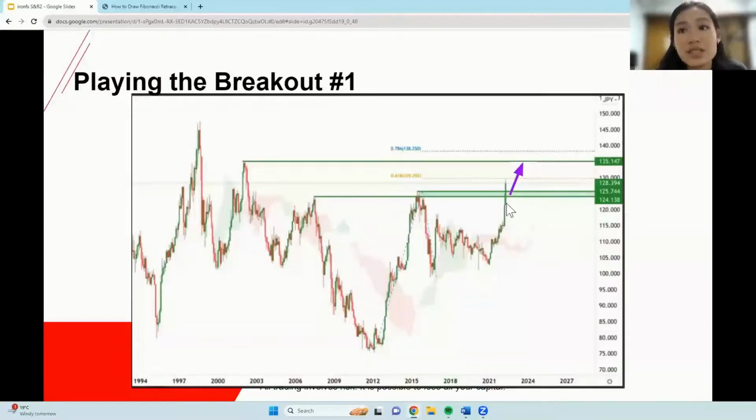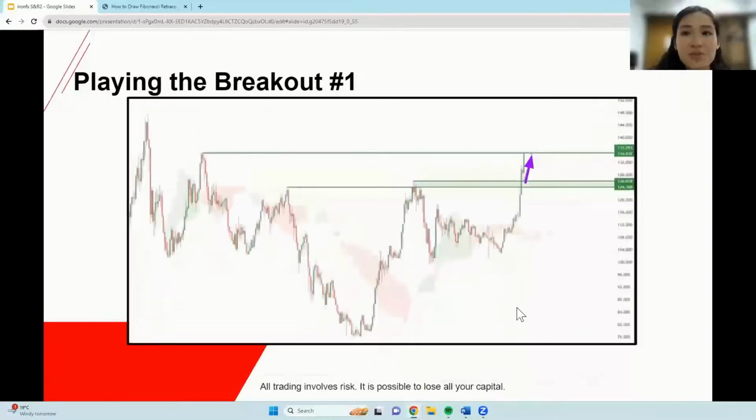So I have a resistance level here. We have 2 swing highs, and then I have another swing high resistance here at 135.147. Okay, so from this level, price has broken out of this confluence area, this multiple swing high resistance. So we're expecting it to continue to shoot upwards towards any one of these levels.